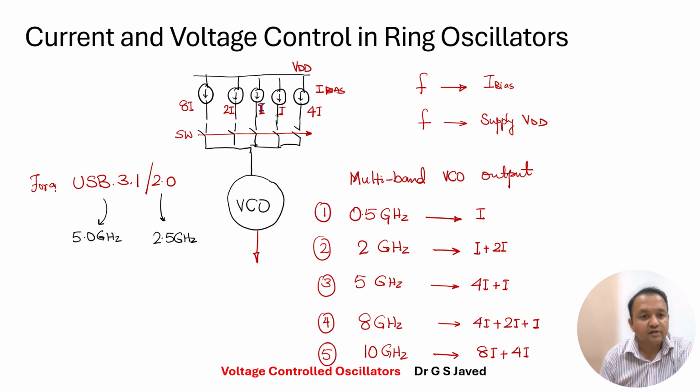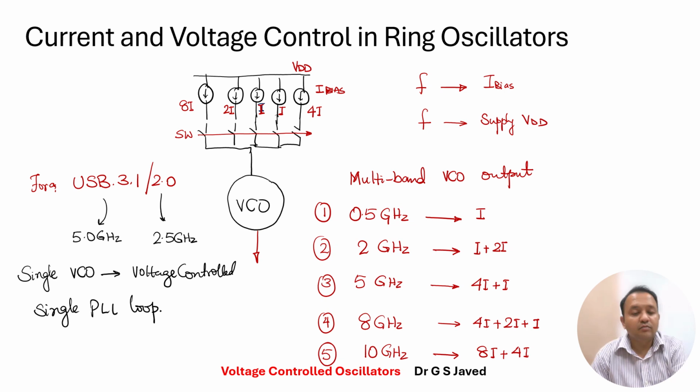Now, in such a case, you can use a single VCO, which can be voltage controlled, present within a single PLL loop.